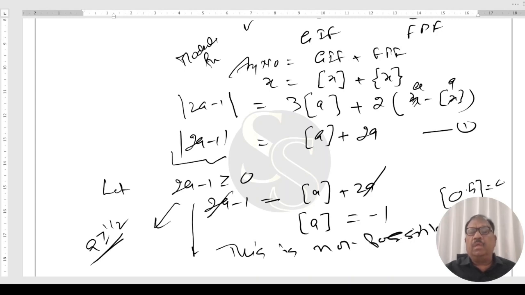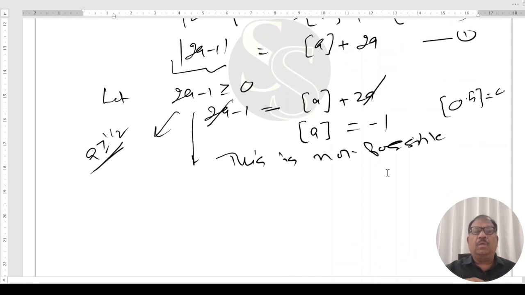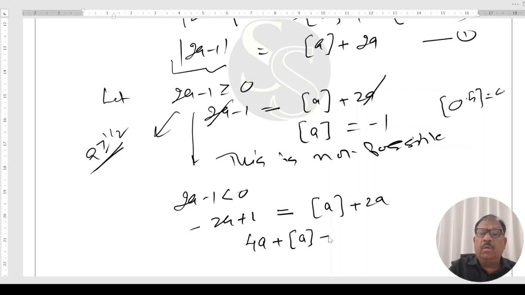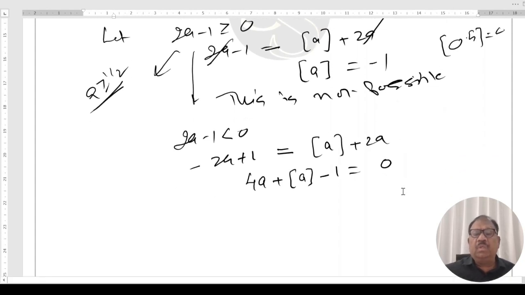Now, considering another case. 2A minus 1 less than 0. What will the answer be here? Minus 2A plus 1 equals the greatest integer function plus 2A. On simplification, 4A plus the greatest integer function of A minus 1 equal to 0. Let us see on which value the equation is satisfied.